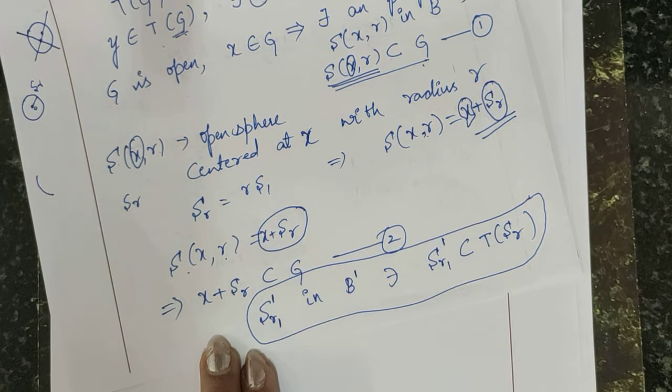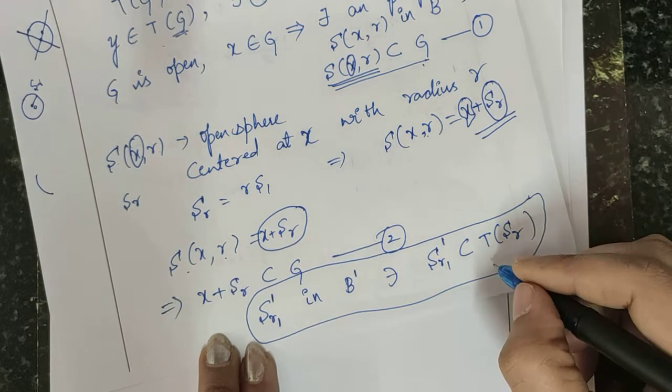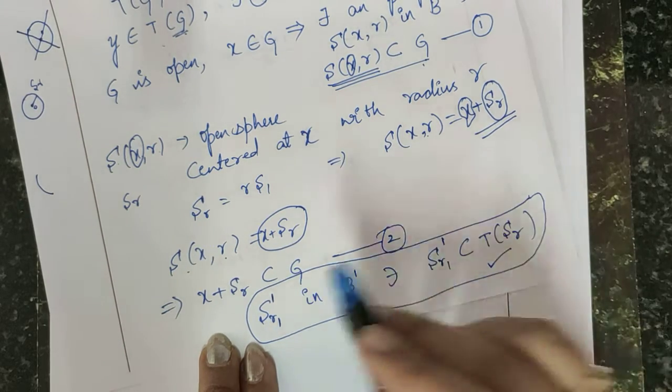That is, if B and B prime are Banach spaces, and if T is a continuous linear map of B onto B prime, then the image of an open sphere centered at origin in B contains an open sphere in B prime, right? Using that statement, I can write this.